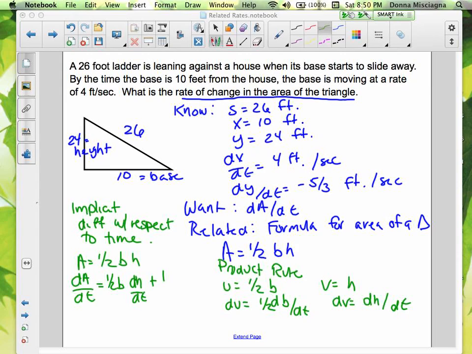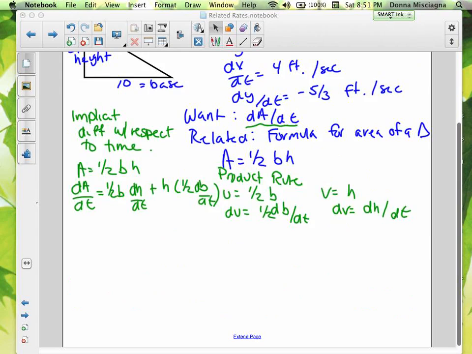So h times 1/2 dB dt. There we go. We don't have to solve for a variable here because what we're looking for is dA dt. It's already isolated. So now all we have to do is substitute and simplify.